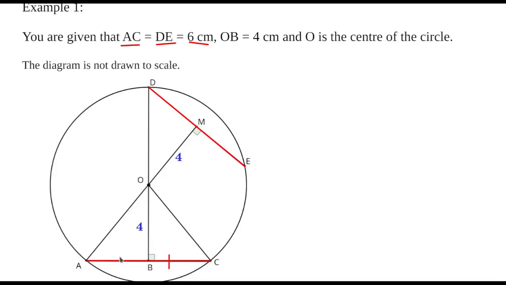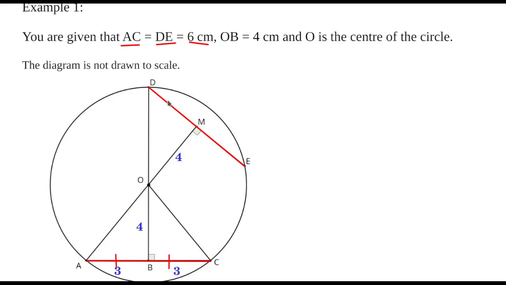So this is equal to that. So we know that we need to get 6 for the whole of AC. So this one, half of 6 is 3. Half of 6 is 3, so that if you say 3 plus 3, you are getting the 6, which is the full length of AC.